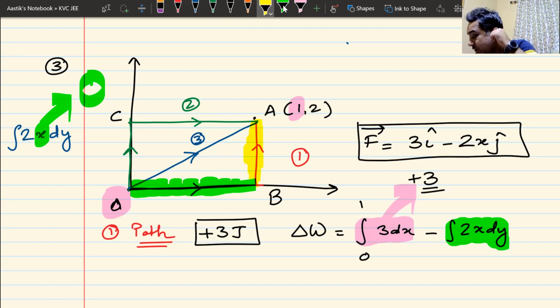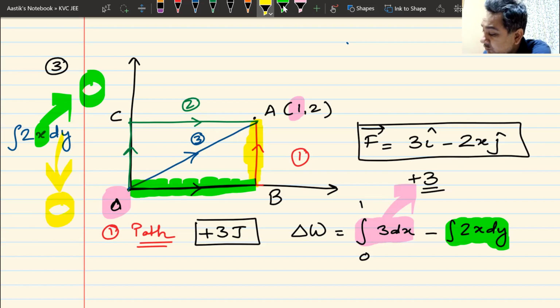Now what happens when I go from B to A? When I go from B to A, the change in the value of y is 0. Y does not change, yes or no? Look at this path. I'm going straight up. The value of y is 2. dy means change in the value of y.